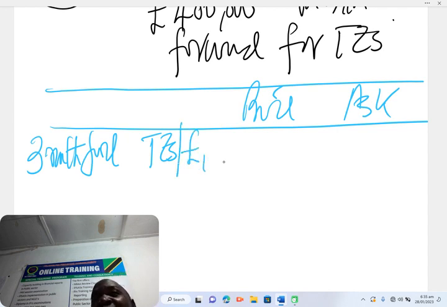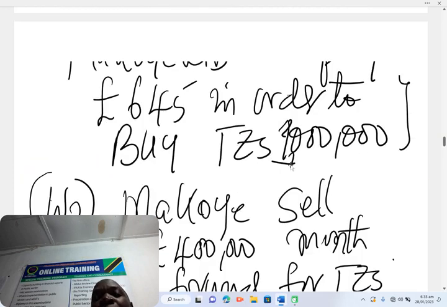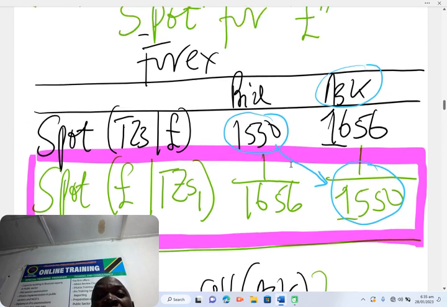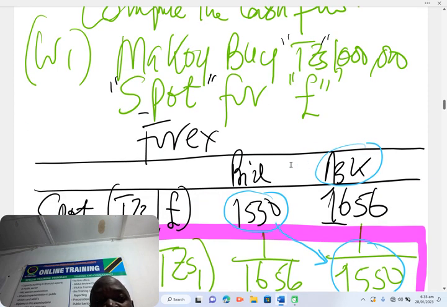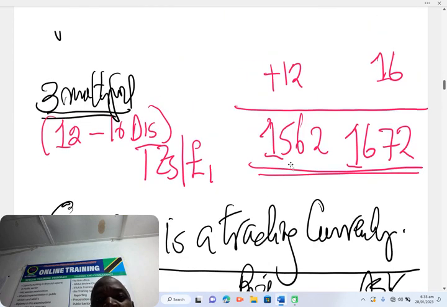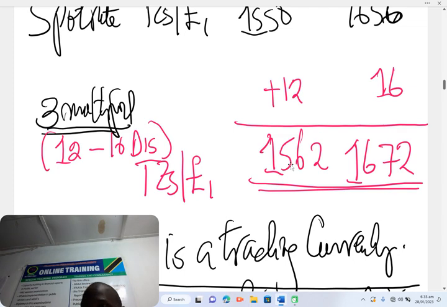Do you remember what was the quotation? It was not given in the problem. So you have to look for it in the computation. Do you see it? How much is that? It is 1562 and then 1672.